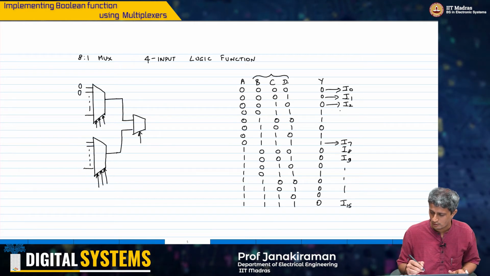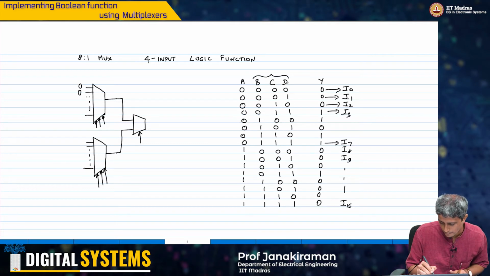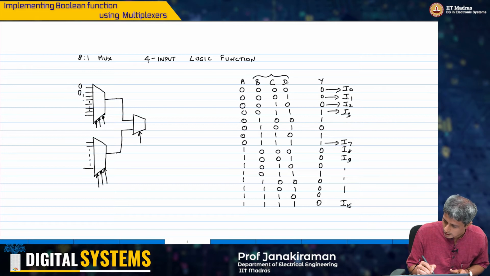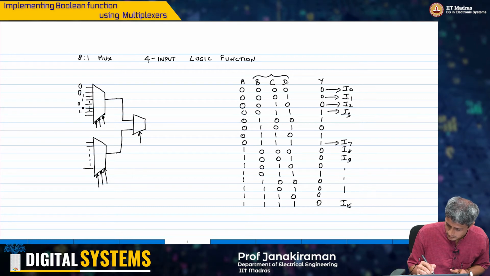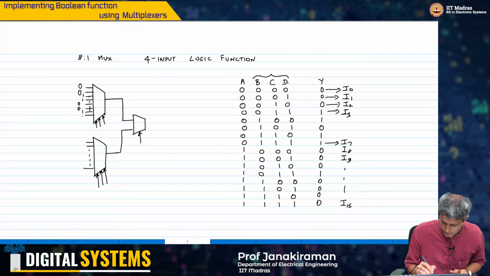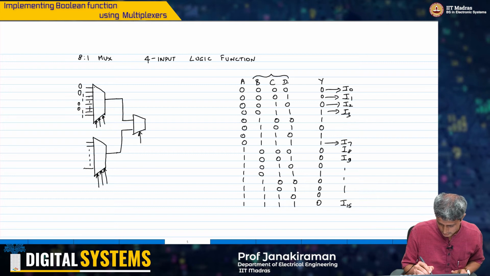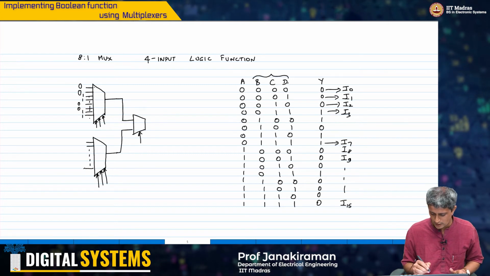Exactly for I3, 4, 5, 6, 7, right? I would say 1, 1, 0, right. So this is 3, 4, 6, 7. Okay, 3, 4, 6 and 7.